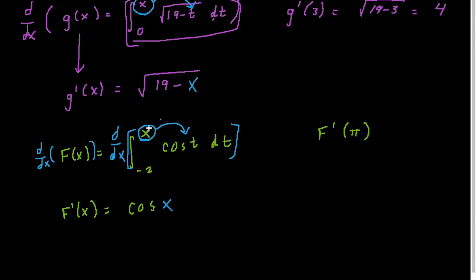So all of this, the derivative of an integral, just cancels out, and the only lasting effect that has is to replace the t with the x. So now we have f prime of x equals cosine x, and f prime of pi is equal to cosine of pi, which is equal to negative 1.